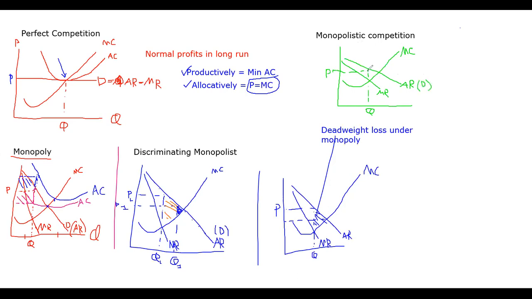And here, depending on where your AC dips, if AC dips somewhere here, you're making a loss. If AC, on the other hand, dips somewhere here, at that particular point, if it's below, you're making profit, if above, loss. And that's it for monopolistic competition.